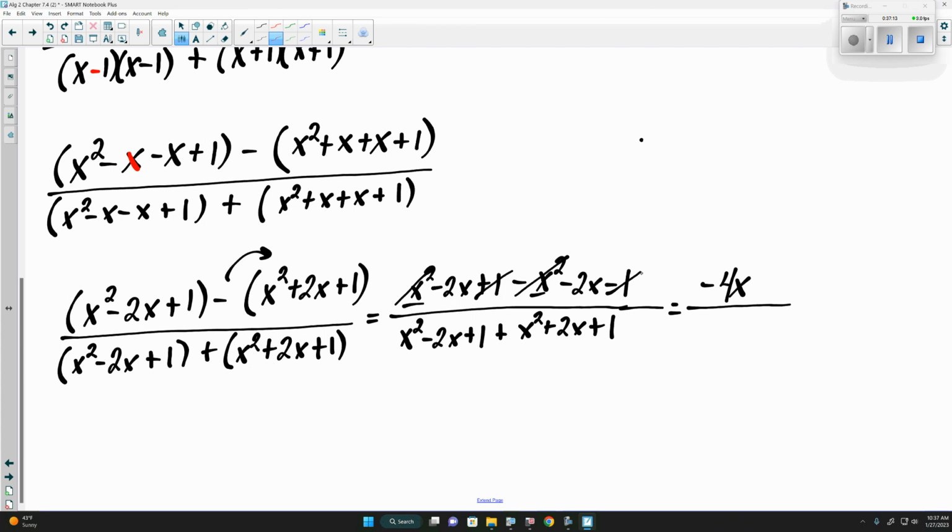The denominator, x squared plus x squared is 2x squared. Negative 2x plus 2x is 0. And 1 plus 1 is 2.